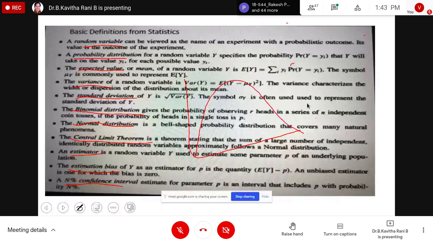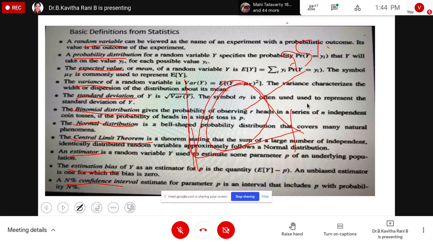Now I take a 95% confidence interval, meaning I am getting 95% accurate results. Whatever this particular area is, it is 95%. What is the probability of the parameter falling in this range? That is called the confidence interval. How much confidence do you have to get that particular output? So I am getting a 95% confidence interval for my data.